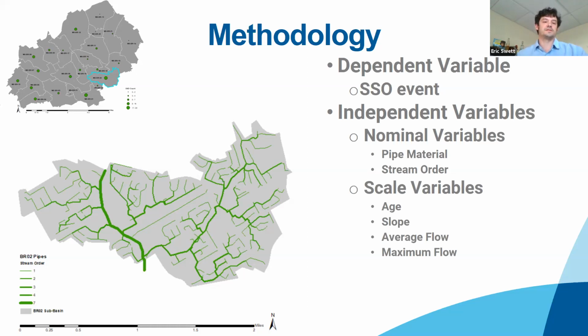Again, a bulk of our pipe is all the same diameter. There wasn't much variation, not until we get to the larger, in this case, the 7th stream order. Here, this is our larger transmission mains that get the sewage to the sewer treatment plants or large regional pump stations. So we don't experience overflows in these areas. The pipes are very large.